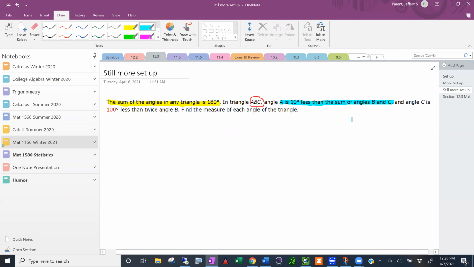I gave you a little clue in translating these things in one of our earlier problems here. Whatever follows the word than goes first. We can also look at this part right over here, A is. That suggests an equation.